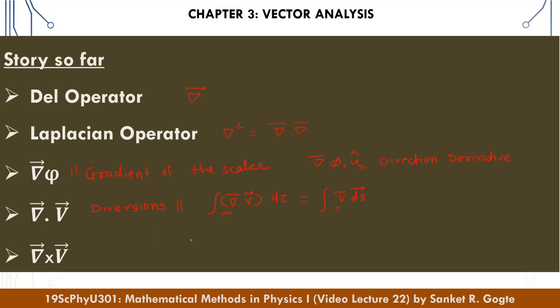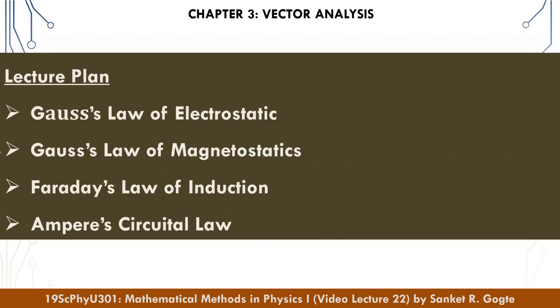Mathematically, it is written like this. It is del cross V ds is equal to V dot dl, and this is a line integration over a closed loop, which is denoted by this circle here. In this lecture, we want to discuss Maxwell's equations.